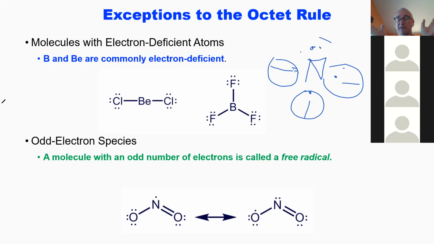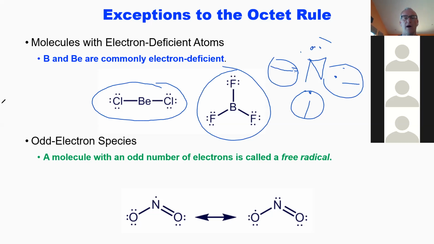But that's not always going to be the case, because some elements have more than 8 electrons in the outermost shell, and some have less. So, for instance, beryllium and boron. Beryllium only has 2 valence electrons, and then two core electrons for a total of 4.